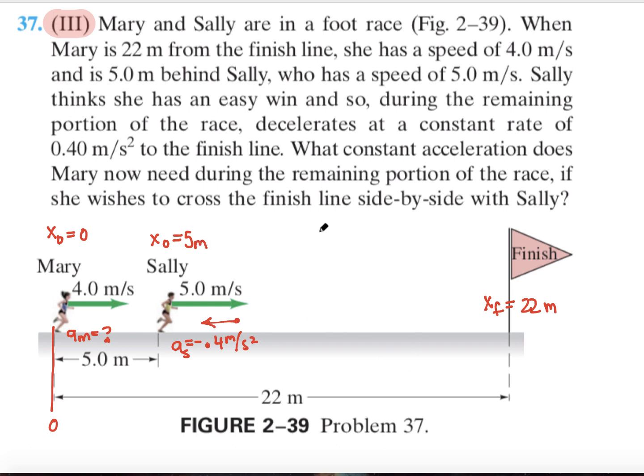Now one other thing has to be true if they finish side by side. They must finish at the same time. So we just need to figure out when Sally is going to finish, and we can figure out what acceleration Mary needs to finish at the same time.